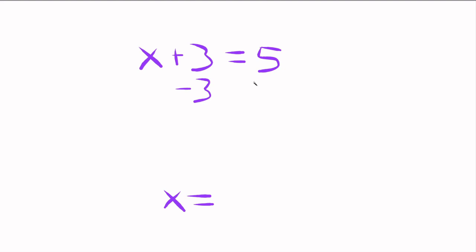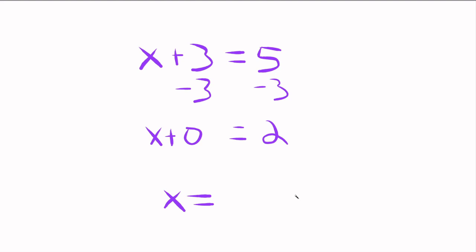Well, if I do that to the left-hand side, to keep this equation balanced or equal, I need to do the exact same thing to the right-hand side of the equation. So whatever you do to the left-hand side, you must do to the right-hand side. And if I really want to, I could rewrite this as x plus 0, right? 3 minus 3 gave me 0, equals 5 minus 3, 2.